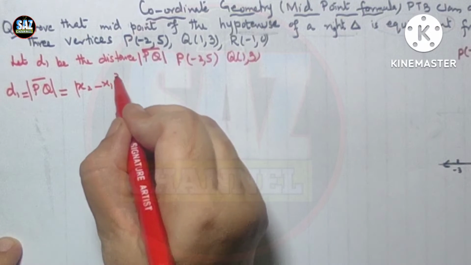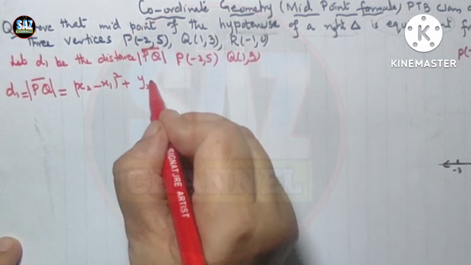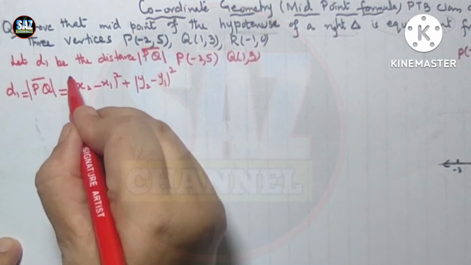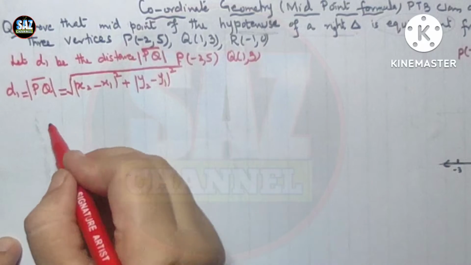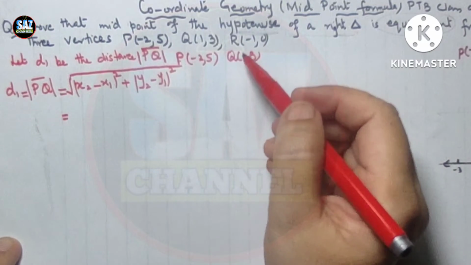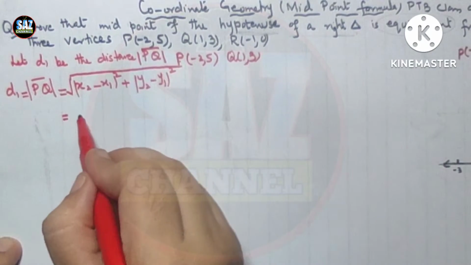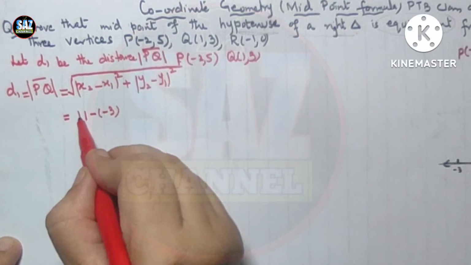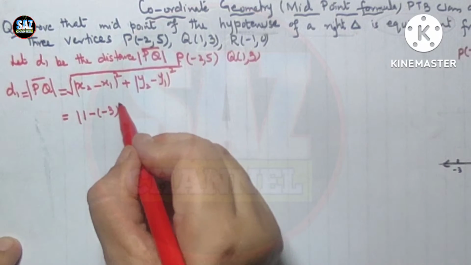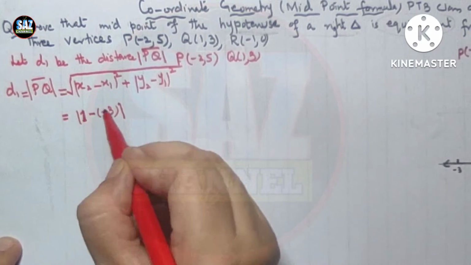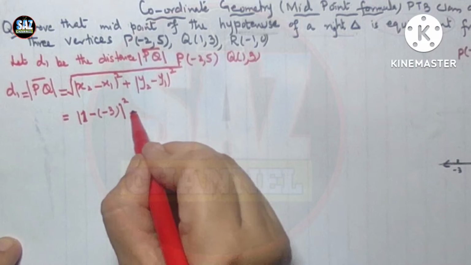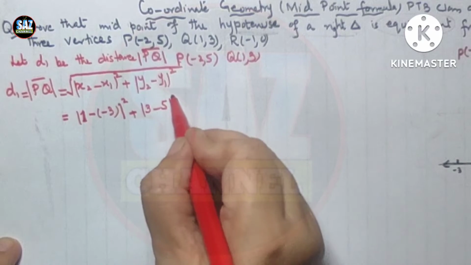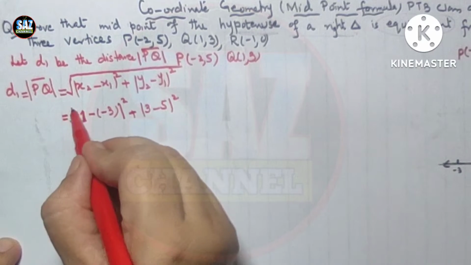Let me reshape this: (1 minus (-2)) whole square plus (3 minus 5) whole square, and I have to keep all these values under the root.